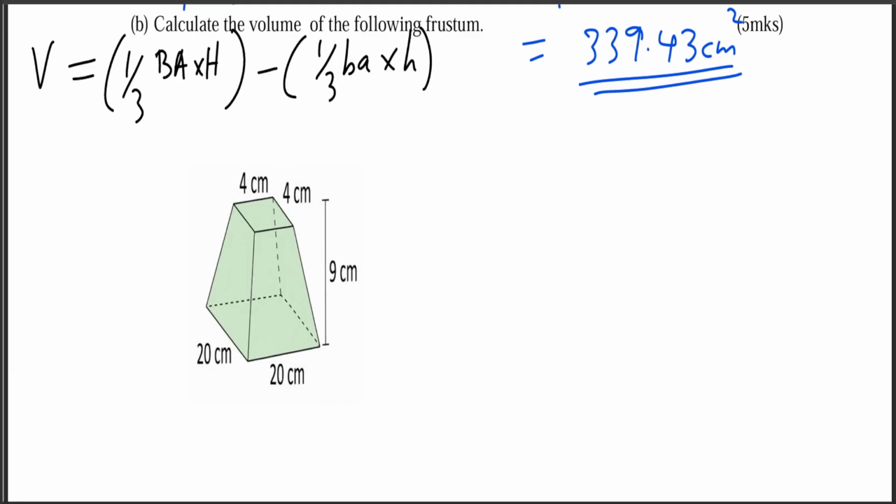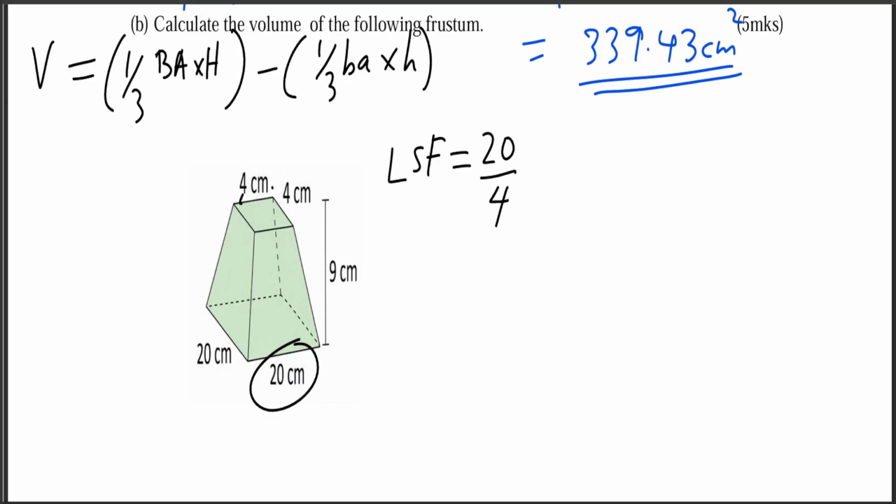So very simple. The only problem now is getting that height. This is the same scenario, and it is not that hard. We will first find the linear scale factor. Your linear scale factor is 20 divide by 4, because looking at the larger pyramid and the smaller pyramid, the base length is 4 in the smaller pyramid.